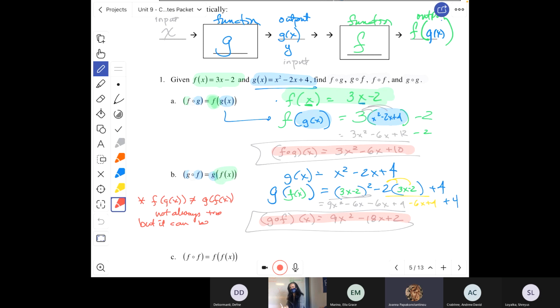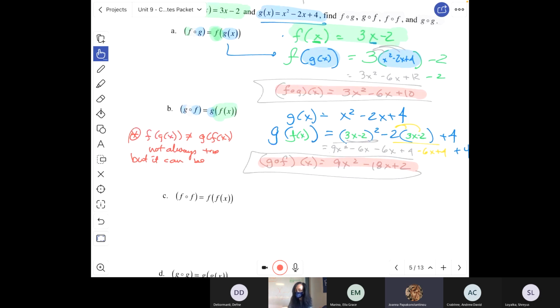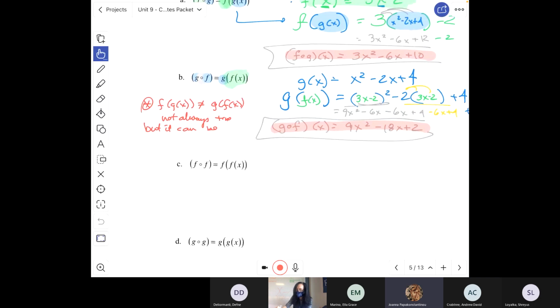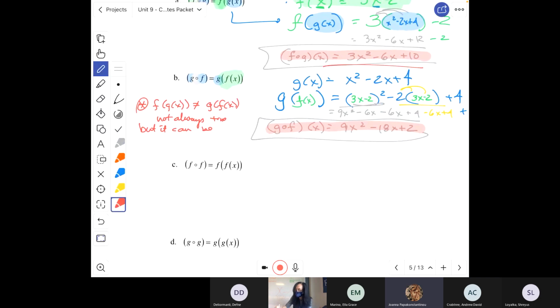That f composed with g doesn't always equal g composed with f. It can, but it's not always the truth. We've just shown a counterexample where the composition of the same two functions in different order isn't the same.